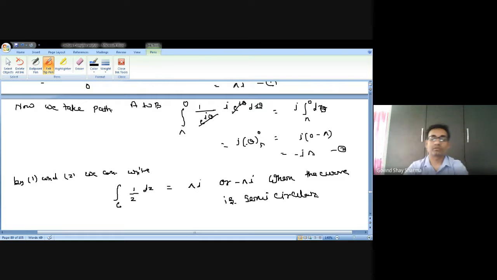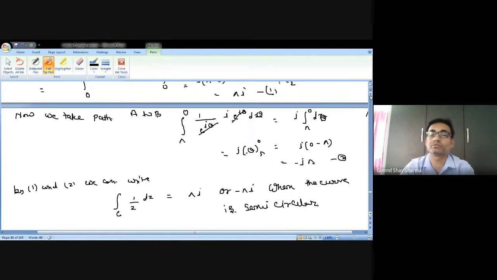Okay, this is a simple question, but we have to remember that when the curve is a circle, we change z to r e to the power iota theta, and take the limit from 0 to pi or pi to 0. Two paths are there, A to B and B to A. So now we move to the quiz.